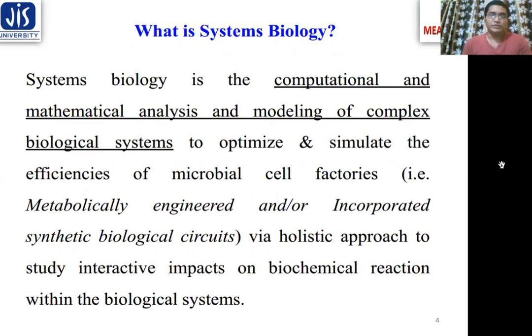So systems biology is a computational and mathematical analysis and modeling of complex biological systems or networks to optimize and simulate the efficiency of microbial cell factories, like metabolically engineered ones or those incorporating synthetic biological circuits, via a holistic approach, because lots of algorithms and programs are there that will allow you to develop models as a system to study the interactive impacts on the biochemical and physicochemical reactions within the biological system. You can even evaluate how this system or model organism can react when an external or internal signal is applied or the organism gets exposed to it.